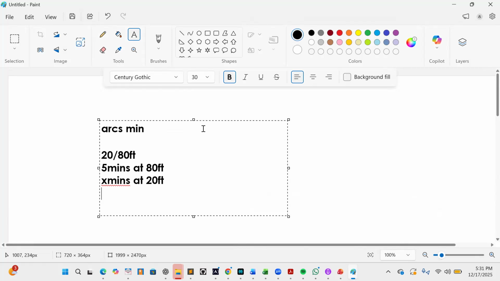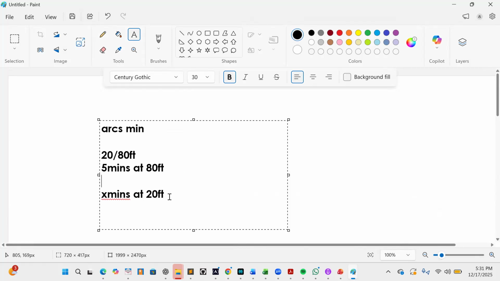How we do it is you divide the 80 by the 20. You know the 80 feet is 5 minutes. All of them are 5 minutes at the appropriate distance that a normal person is supposed to see. You know, the 5 minutes that a normal person is supposed to see at 80 feet away.